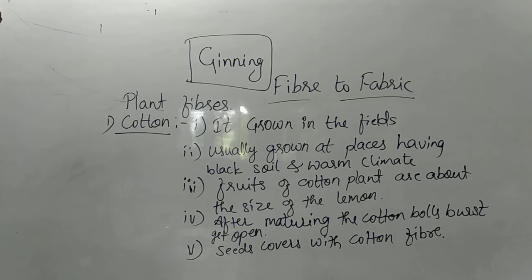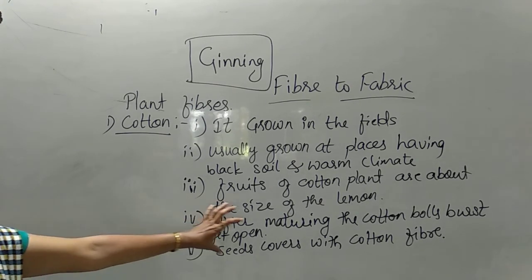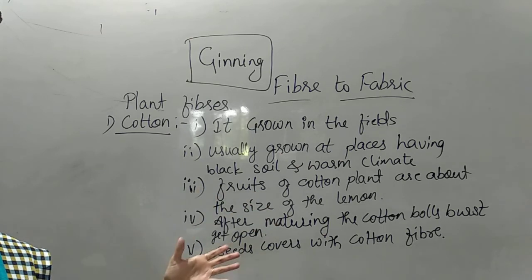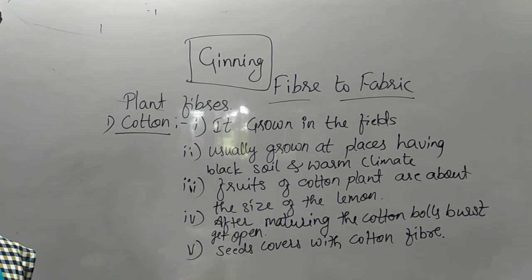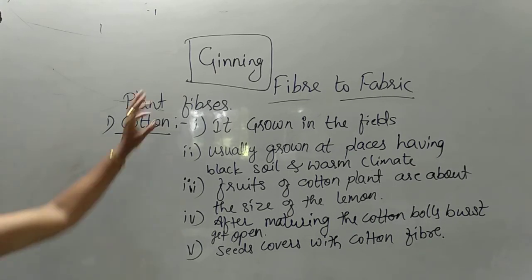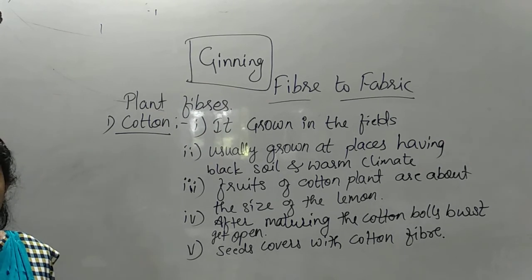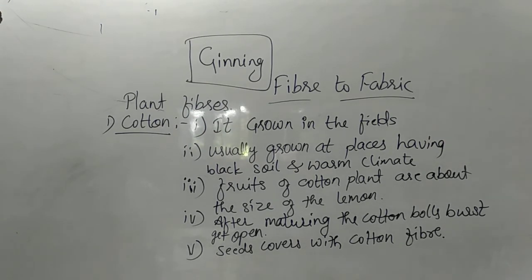Now machineries are there. Once the cotton fruit has burst open, they collect all those cotton fruits and feed them into the machine. In that machine, the cotton is separated, and later the seeds are separated. That process we call ginning. Okay, so this is about cotton.